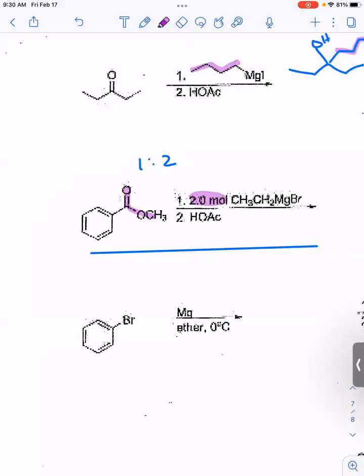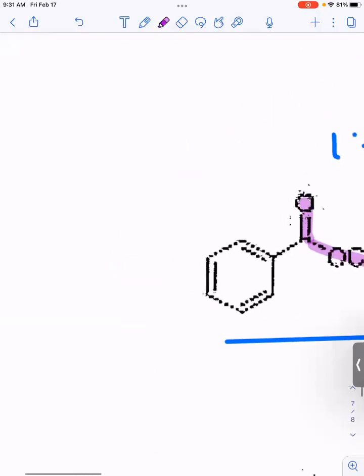So what am I going to get from this if I add 2 moles of Grignard to that ester and then add some acid later? What am I going to get from that? Right. Hopefully this will stick.